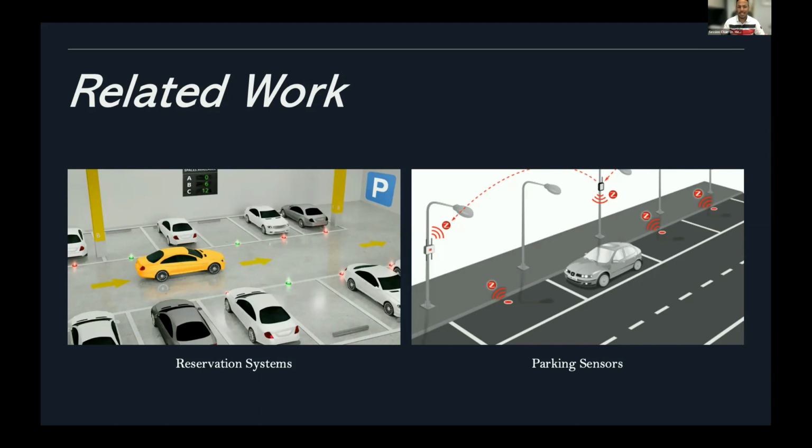Examples of related works, solutions, or technology that exist to manage parking lots include, of course, reservation systems, the picture as you can see to the left, where you can reserve a specific spot for a specific time and you will be paying for that reservation. The logistics of allocating that spot to a specific driver, and the management of that reservation, is quite complicated.